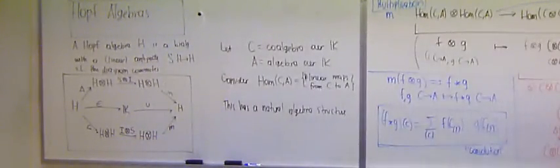I guess really there's two u's, because there's the u of A and the u of Hom C A, which is given by this one. But anyway, what I mean here is u_A, and what I mean here is epsilon_C.